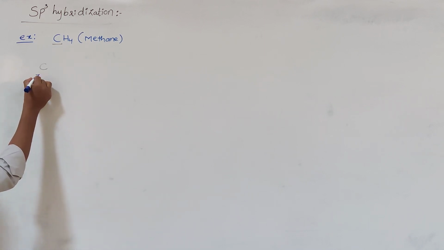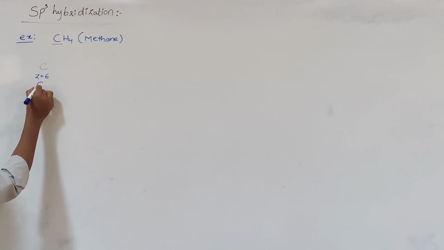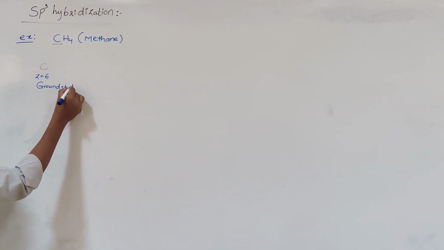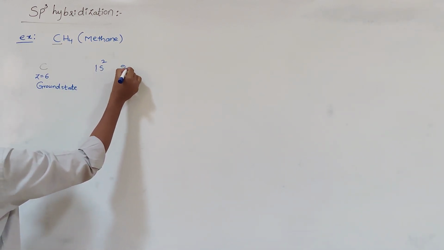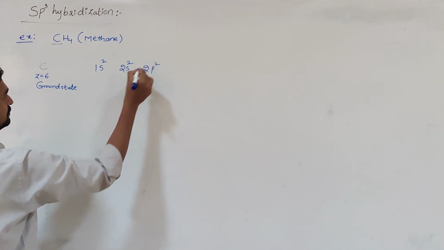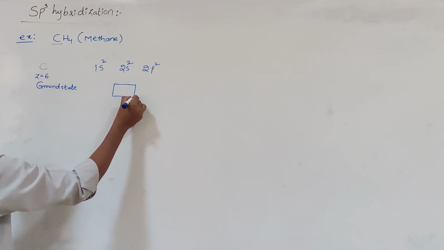Carbon, Z is equal to 6. The ground state electronic configuration is 1s2, 2s2, 2p2. The valence shell electronic configuration is 2s2, 2p2.